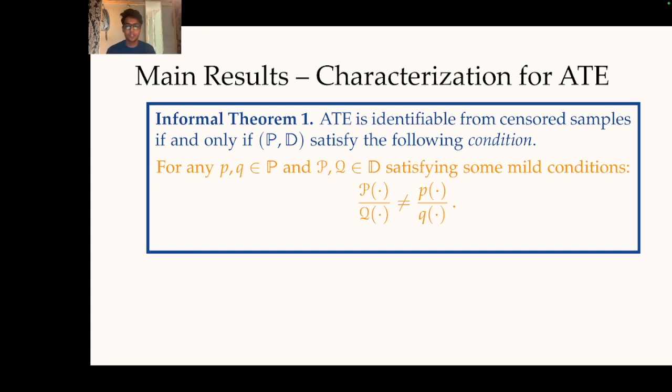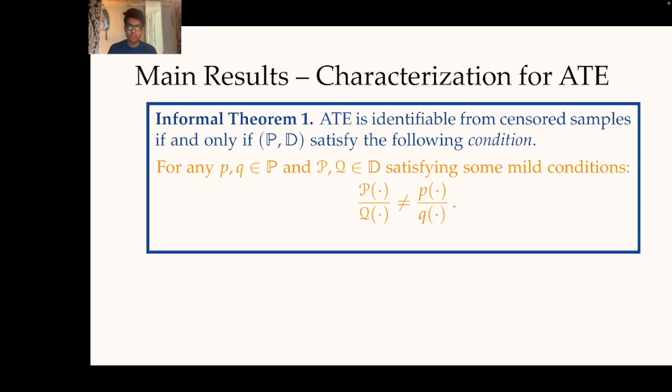Our main result is precisely such a characterization. It says that the average treatment effect is identifiable if for any two distributions in the class D, the ratio of their densities is not equal to the ratio of any two generalized propensity scores in the class P. As is mentioned on the slide, there are some other mild conditions also required in this identification condition, which I'll not go into here and again are explained in the paper.